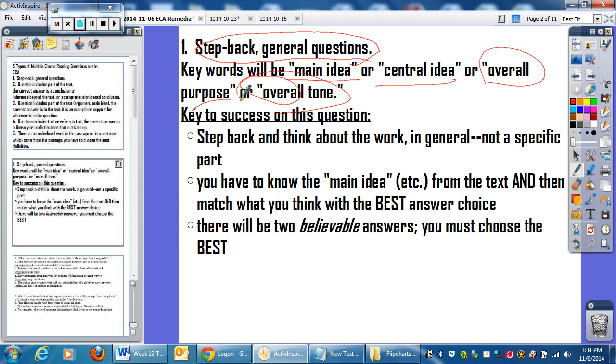The key to success on answering these types of questions is to step back and think about the work as a whole, not as one little part of it. Don't get tricked, because what they will do on these types of questions is include 4 answers that are from the text, but only one of them is based on a general idea and the other 3 are specific to a particular part of the text.